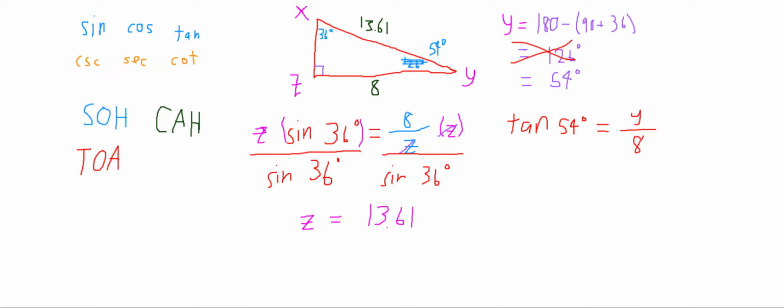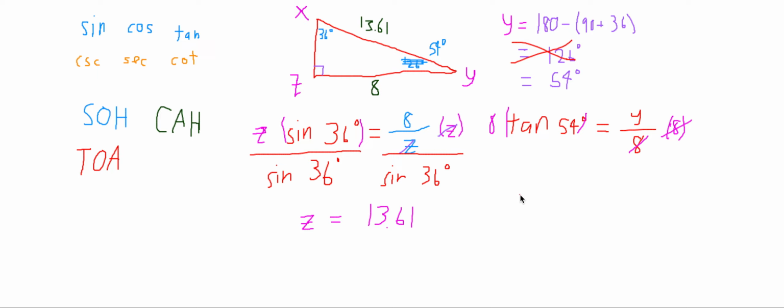And now basically you can multiply 8 on both sides to balance out the equation. These will cancel out, and by the way, this will be the exact answer of the side y. You get 8 times tangent of 54 degrees.